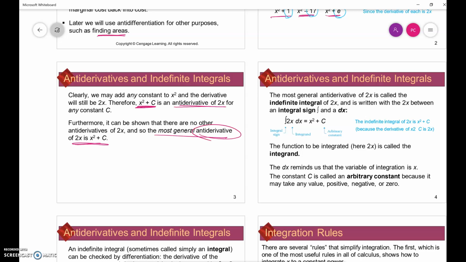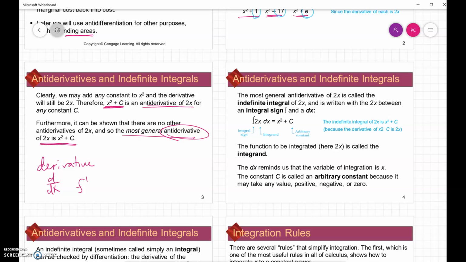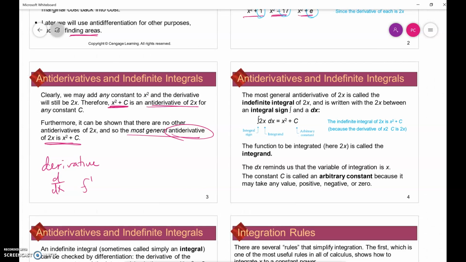Well, we don't want to keep saying antiderivative, and we need a symbol for it. Remember, with derivatives we had the d over dx that we used, or the prime notation. For antiderivatives, the most general antiderivative of 2x is called the indefinite integral, and that integral is what we're going to use.